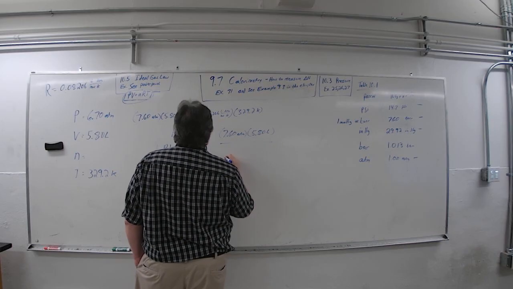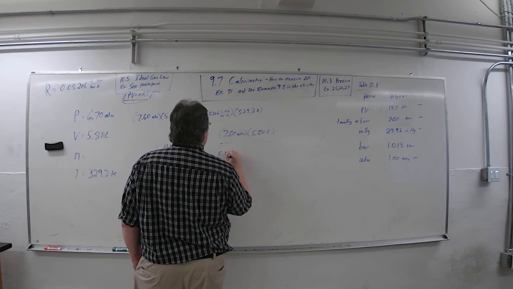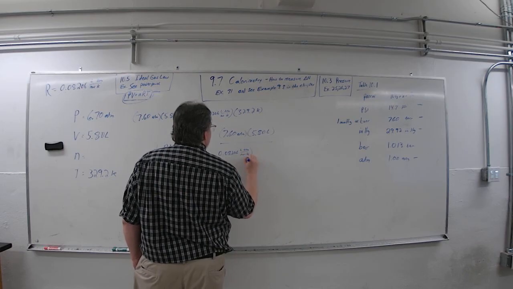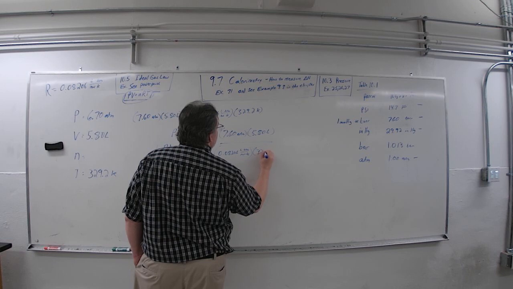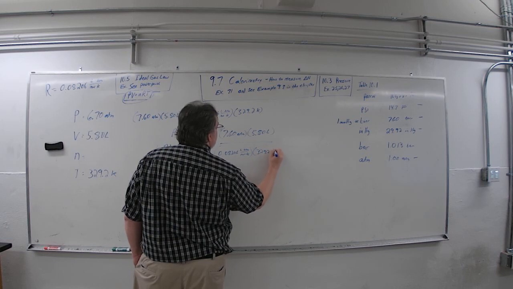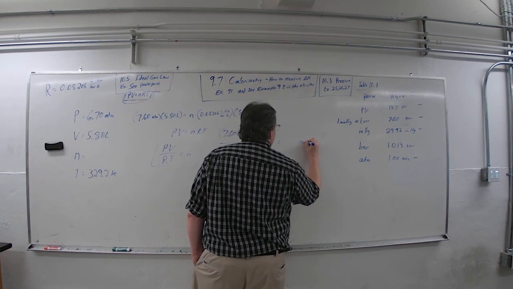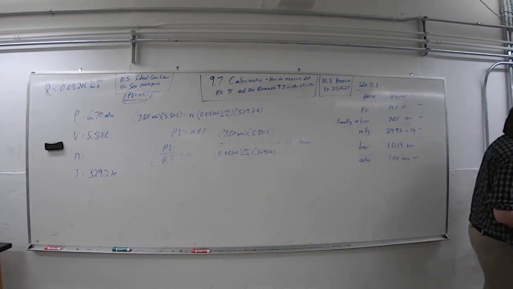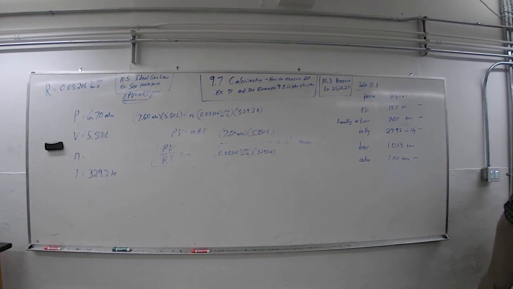Liters. That'll solve for this. So basically, you have to read the problem to decide whether you have state 1 and state 2, or whether you're just plugging and chugging with PV equals nRT.